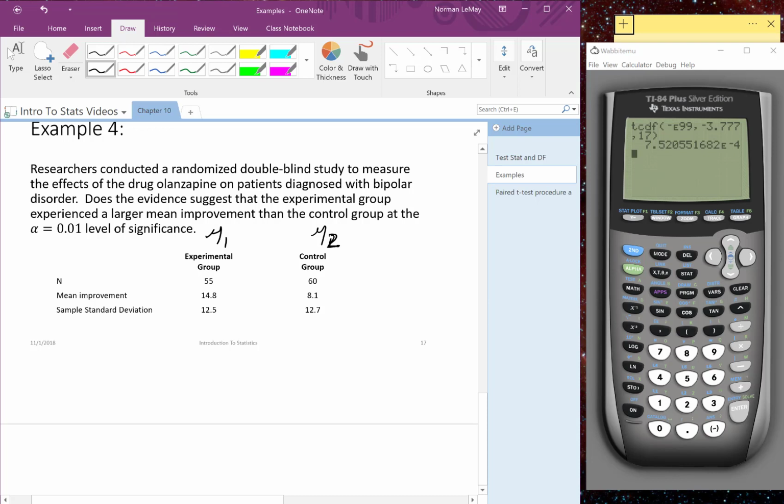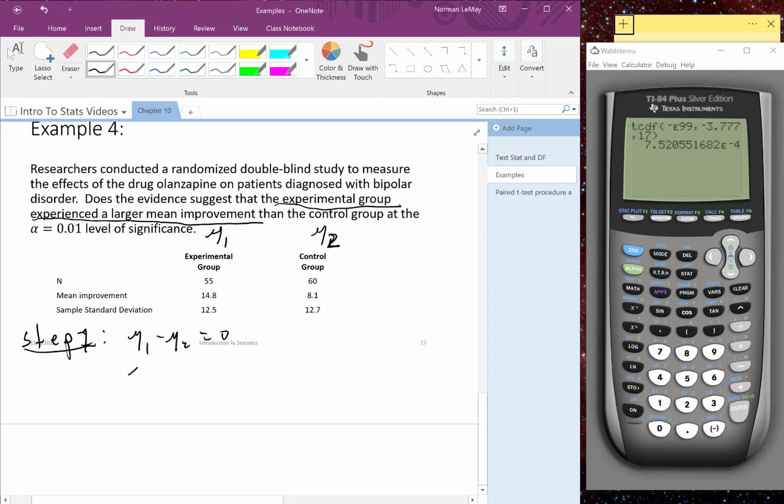All right, so our step 1 is always to state the null and the alternative. So step 1 is going to be mu1 minus mu2 is equal to 0, and the alternative hypothesis is that the experimental group experienced a larger improvement.